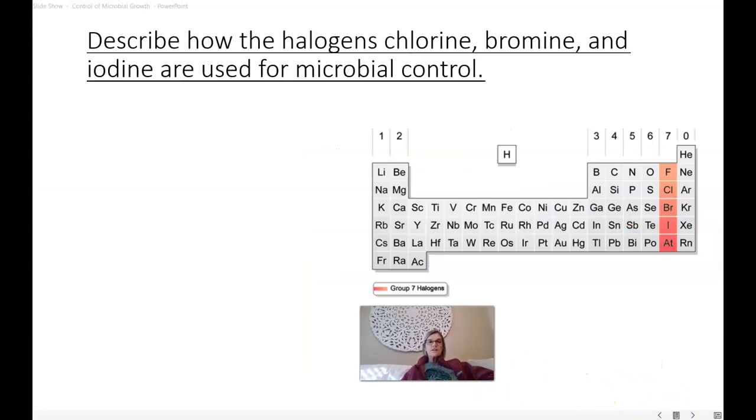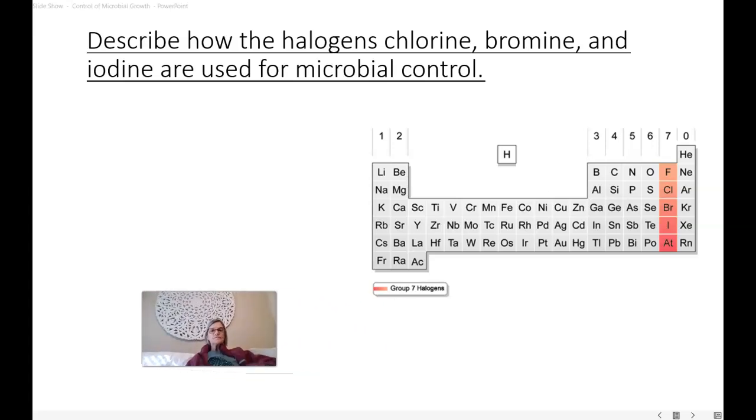Let's go here to the halogens. Another chemical, and you might remember this from chemistry, the halogens are group 7 on the periodic table. Fluorine, chlorine, bromine, and iodine are the main ones that we're interested in for microbial control. And they're very effective at microbial control. The halogens, group 7.